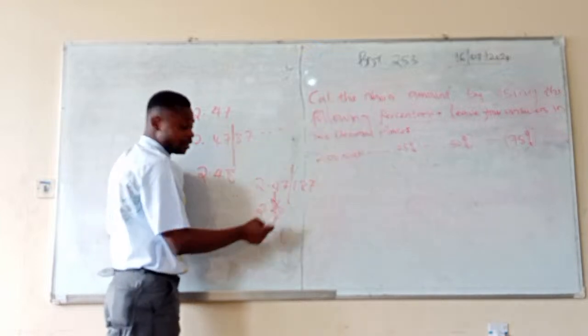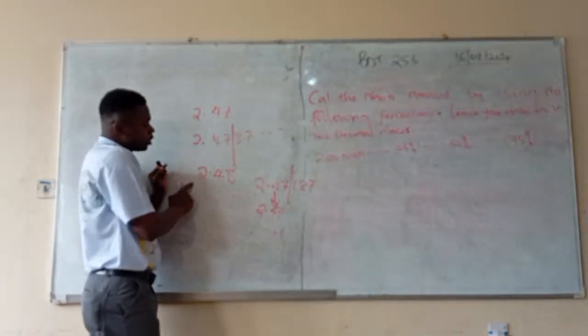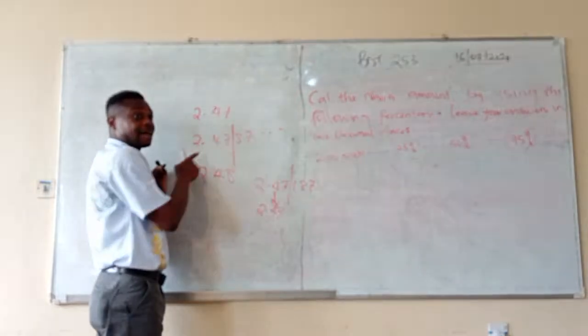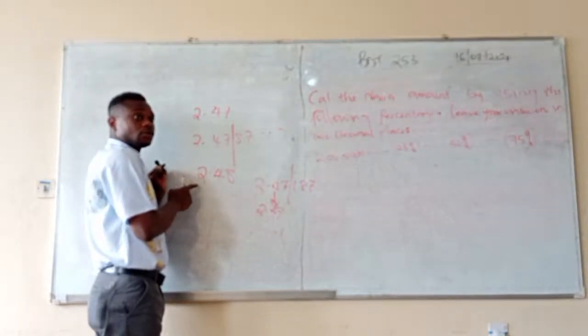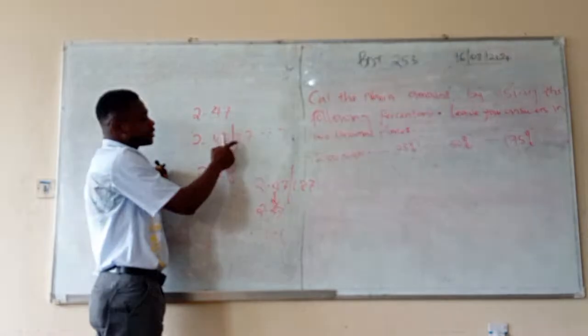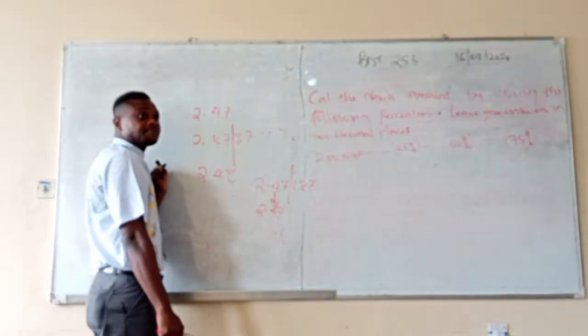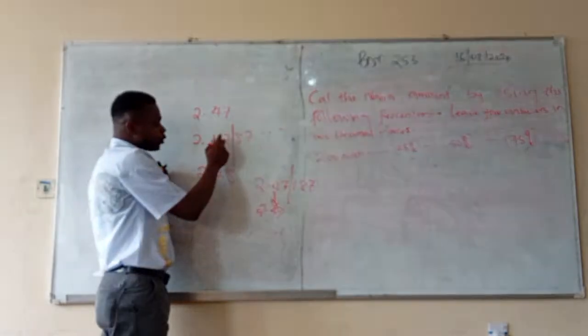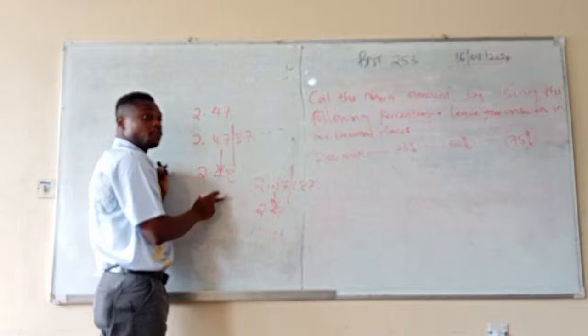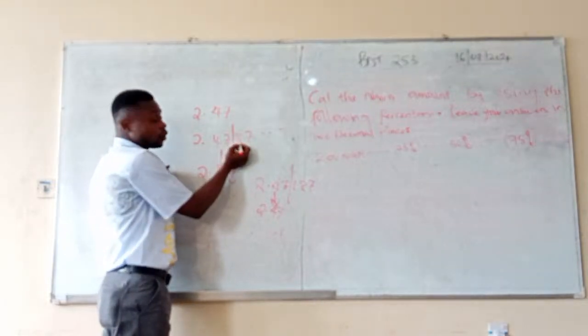You throw it away, right? But here, 2.48 and 2.47, which one is greater? So here you round up. You round this one up to 2.48 because here it is up to 5 and above.